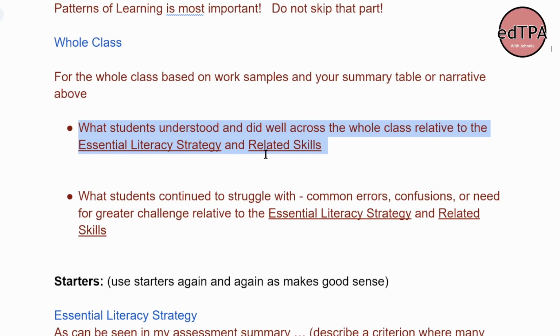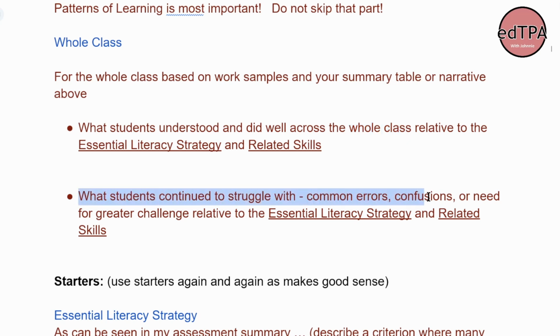Okay, this is whole class. What students continue to struggle with, common errors, confusions, or need for greater challenge relative to the essential literacy strategy and related skills. Okay, so this is whole class. The first part is what they understood and did well, and the other one is what they struggled with. Okay, whole class, did well, struggled with.